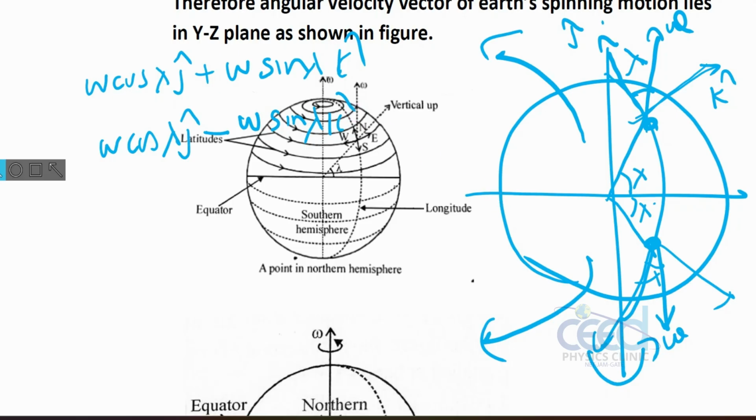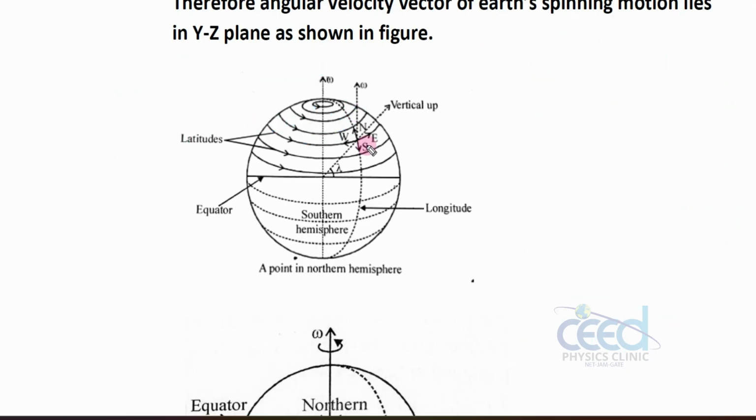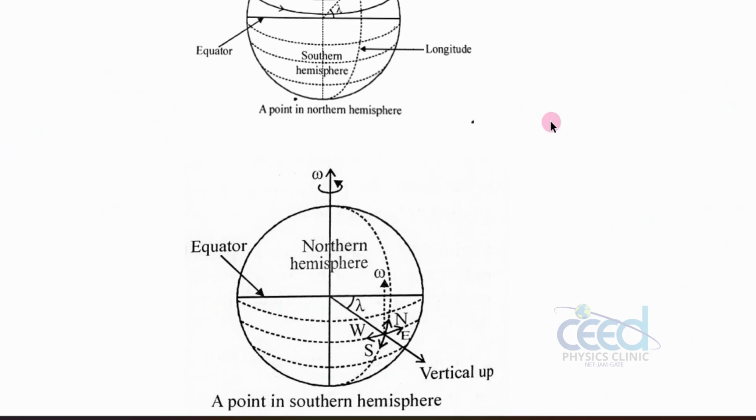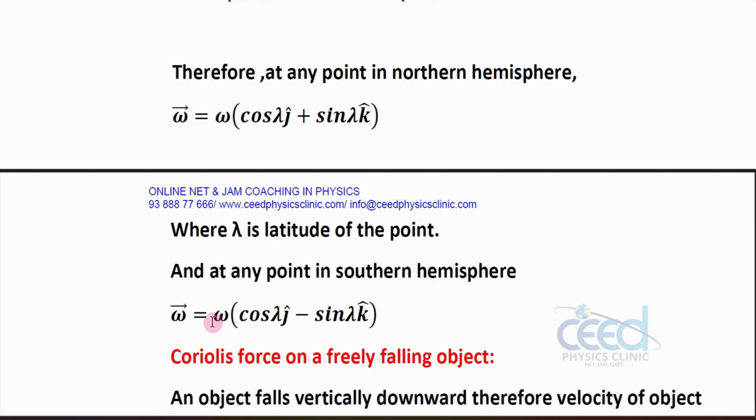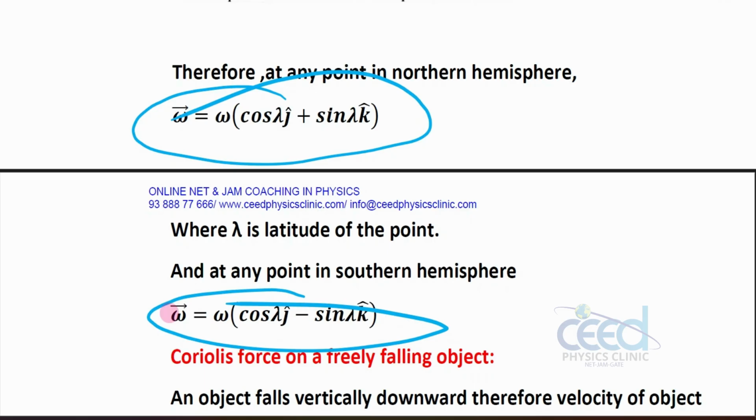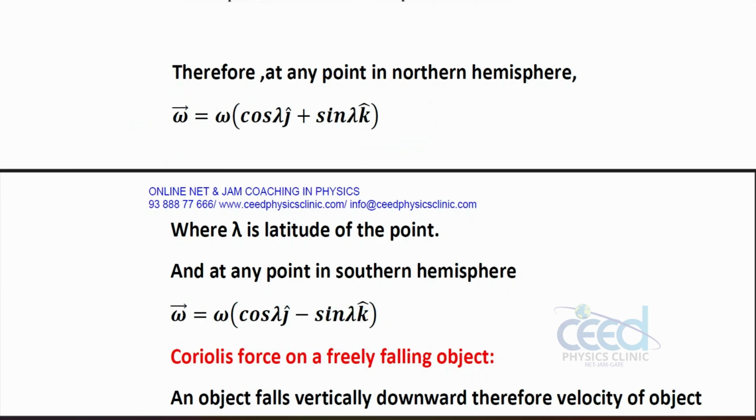So in the northern hemisphere and southern hemisphere, how do we represent this vector? Omega is equal to omega cos lambda j cap plus omega sin lambda k cap in the first case, but in the other case, omega cos lambda j cap minus omega sin lambda k cap. This representation is very important. You have to memorize mathematically how to represent omega in the northern and southern hemispheres.